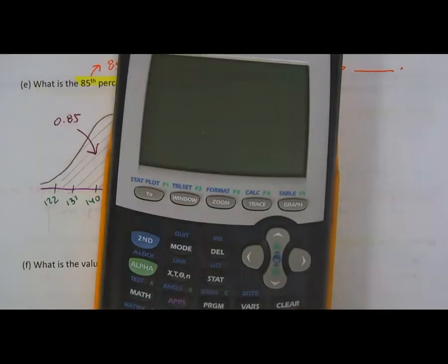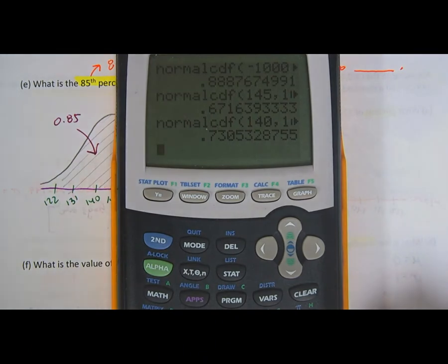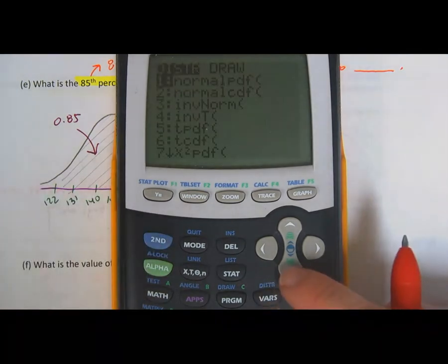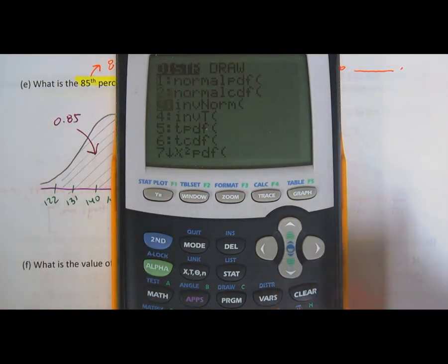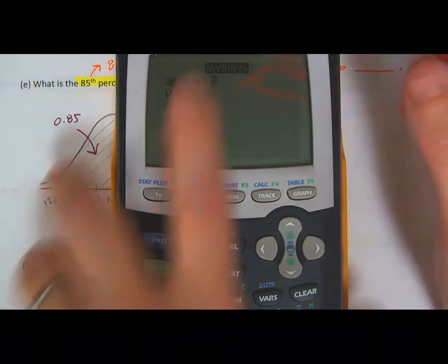Let's see what it needs from us on the calculator so we know what this inverse norm stuff is about. Hit second bars, the same place you find normal CDF, but go down to inverse norm. Here's what it needs. It needs an area, it needs mu, and it needs the standard deviation. What does it mean by area?